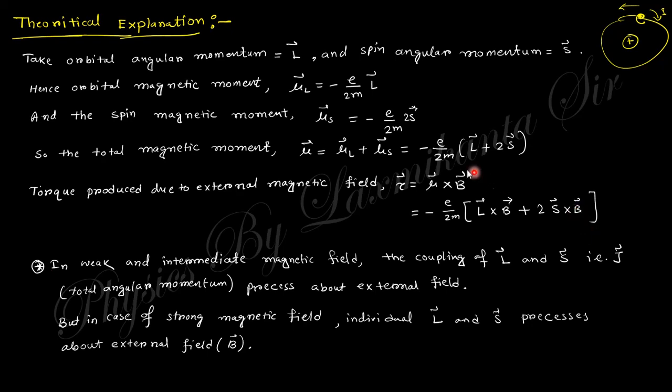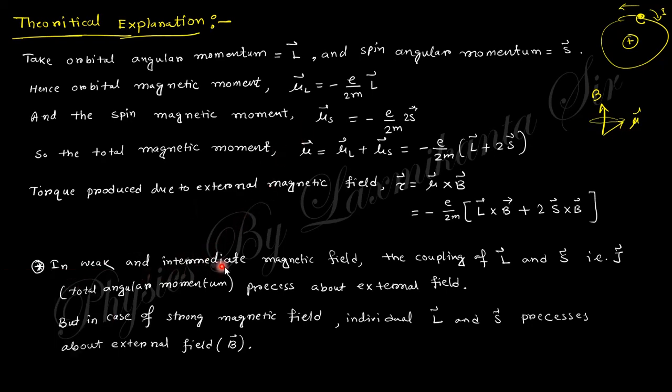Now this torque means the rotation happening due to the magnetic field. When the magnetic field is applied along that direction, and mu is in that direction, this torque makes the magnetic moment precess.